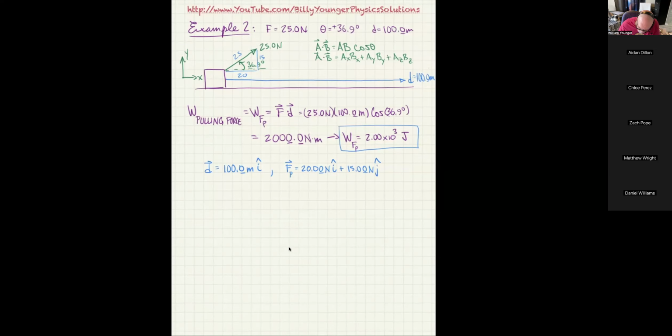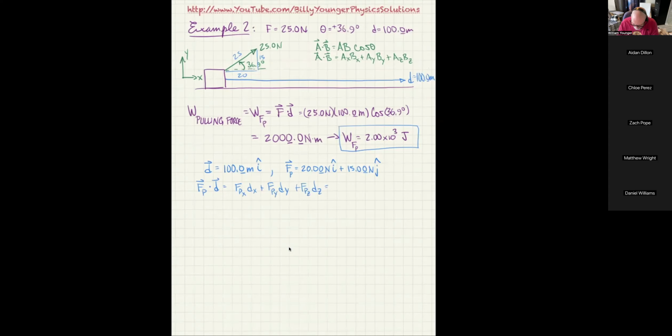So now you can actually dot product them by saying F_P dotted with D is equal to F_P sub x D sub x plus F_P sub y D sub y plus F_P sub z D sub z.